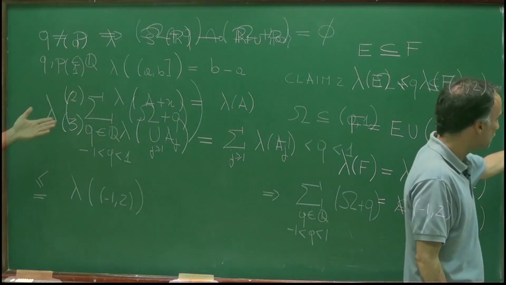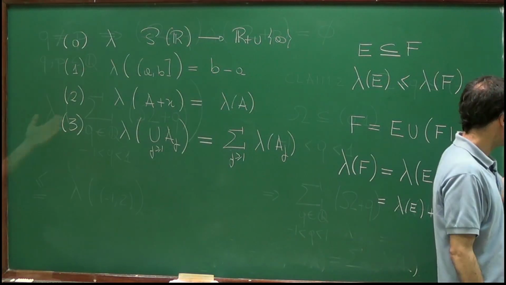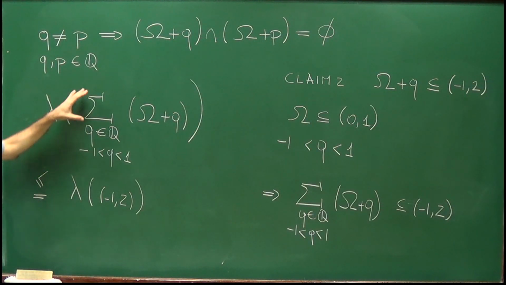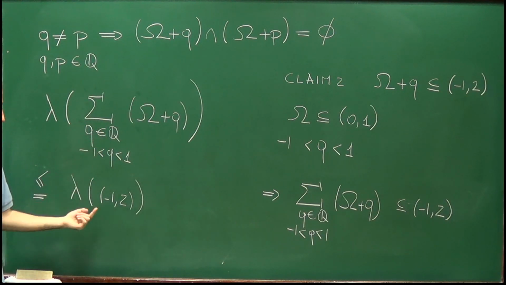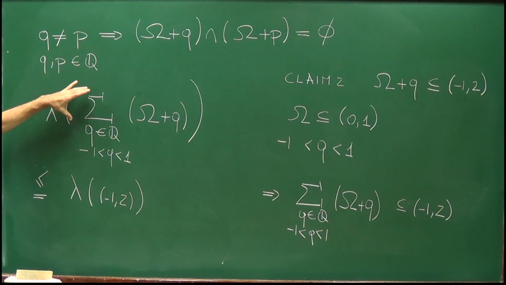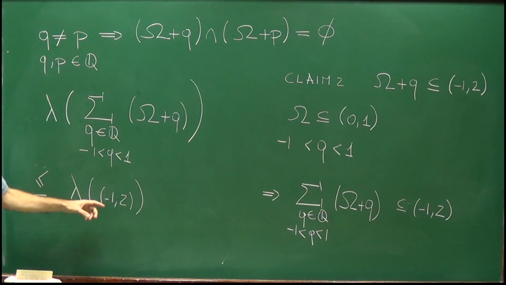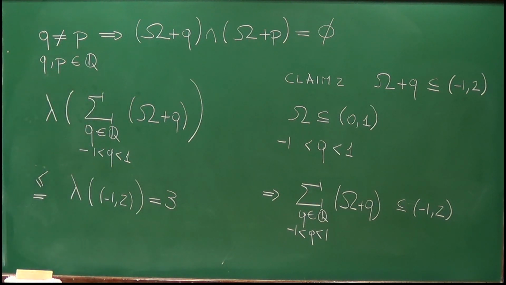So I can apply this inequality which I just proved. We've seen that the union of these sets is contained in the interval -1, 2, and therefore the measure of this union is smaller or equal than the measure of this interval, which is equal to 3. So I have a bound on the measure of this set.